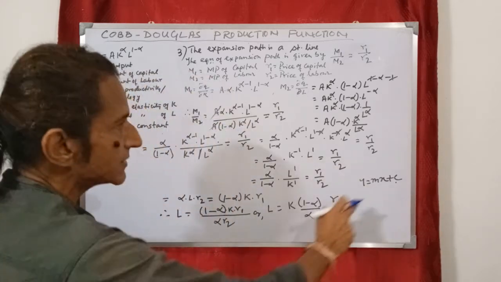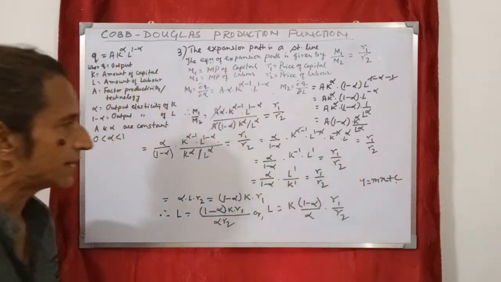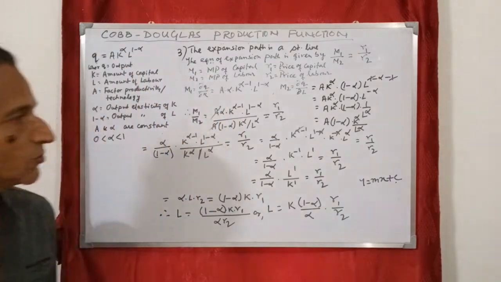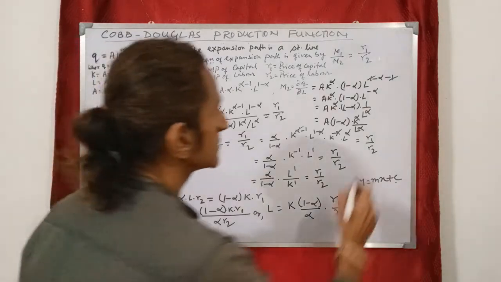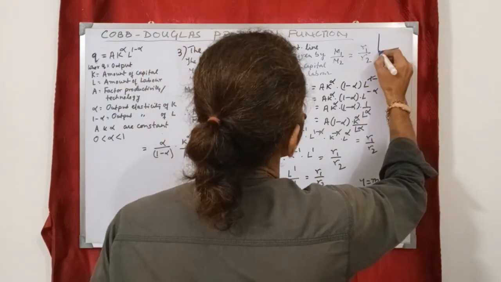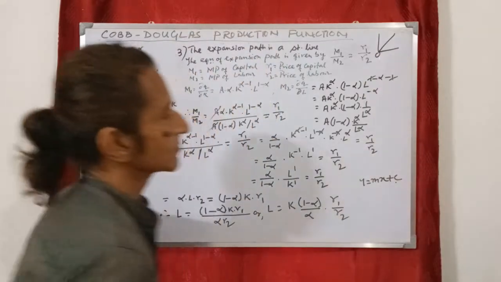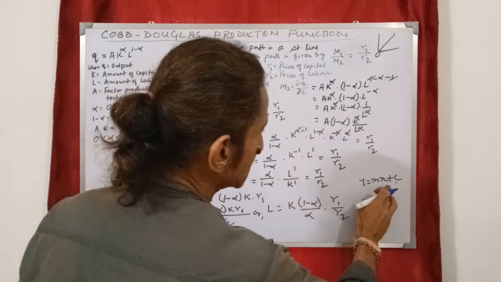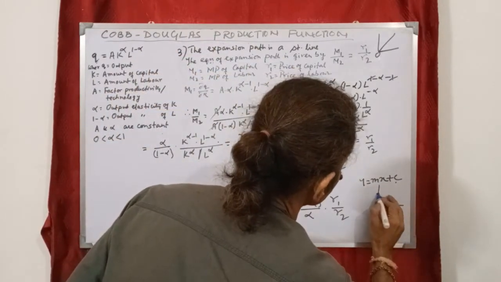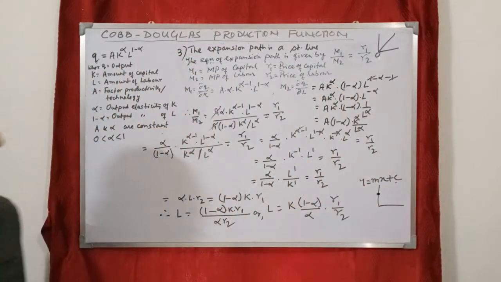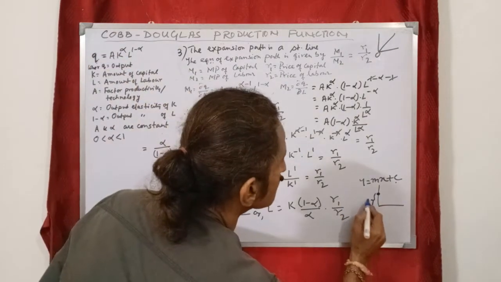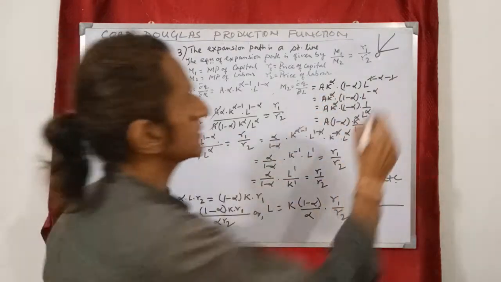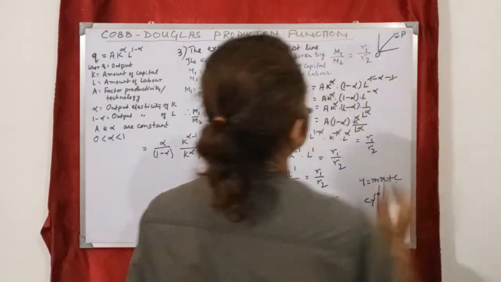So here c is 0. C is 0 means the expansion path originates from 0. There is no positive or negative intercept. Y equals to mx plus c means there is positive intercept on the y-axis, this is c. But in this case, there is no positive intercept because the expansion path is starting from 0.